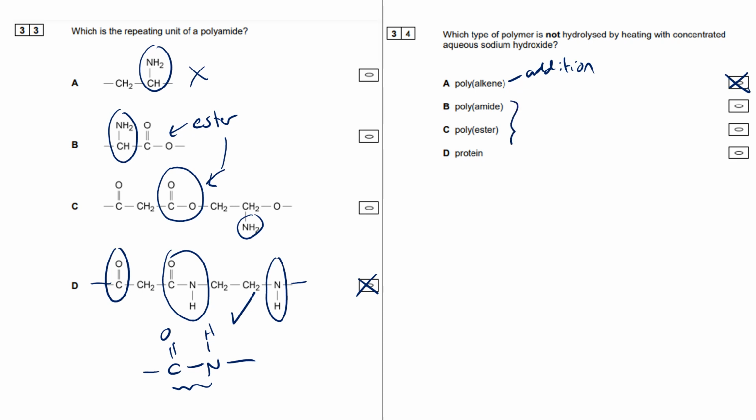Polyamides, polyesters and proteins. Polyamides and proteins have C double bond O NH. Polyesters have C double bond O single bond O. You have a polar bond in there, which allows it to be attacked by acids or alkalis, or nucleophiles in this case, which would allow them to be broken down or hydrolyzed. So B, C and D are all able to be broken down by NaOH.